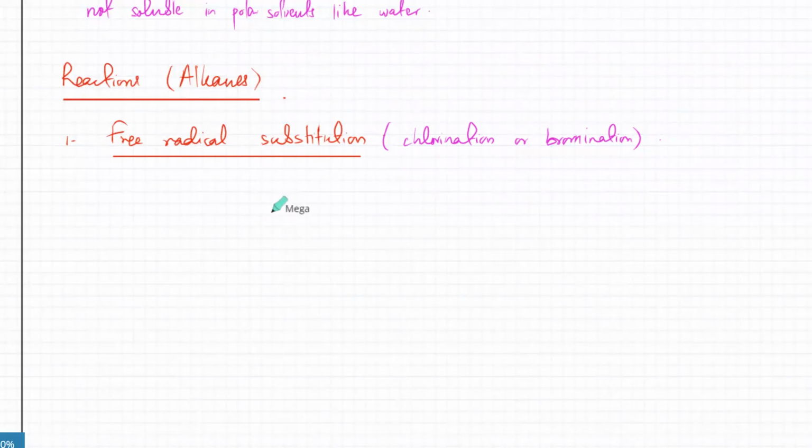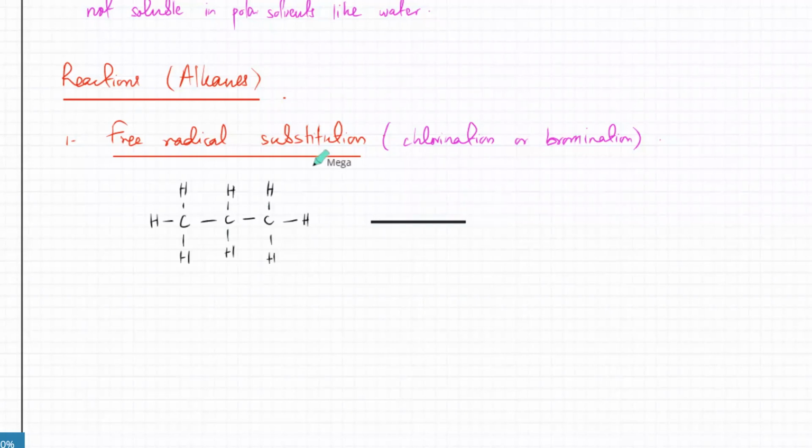The reaction is simple. You've got an alkane, let's say a 3 carbon atom alkane, or any number of carbons, and it's going to react with either chlorine or bromine. So it's Cl2 plus ultraviolet light.